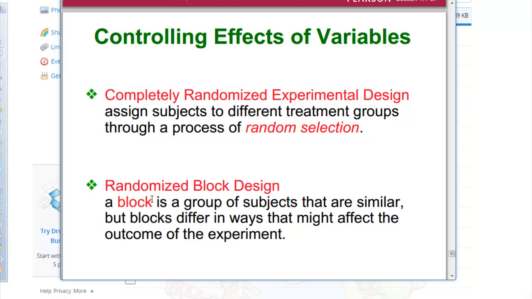A block is a group of subjects that are similar, but blocks differ in ways that might affect the outcome of the experiment. So in the illustration there, next to those definitions, you'll see where we have a randomized block design. Okay, let's look at that together. I'll give you a second to write that down.